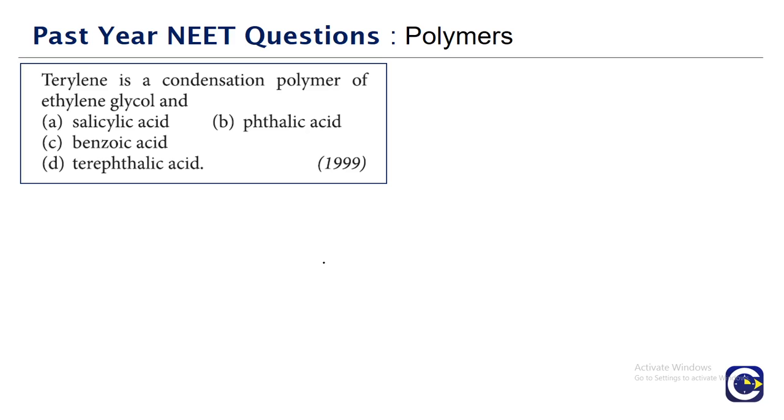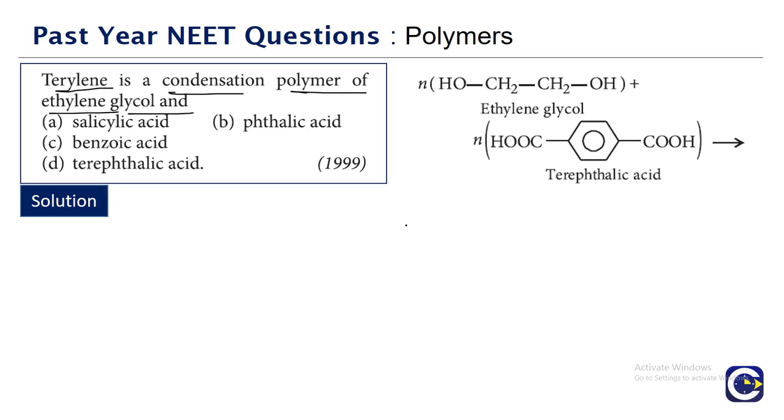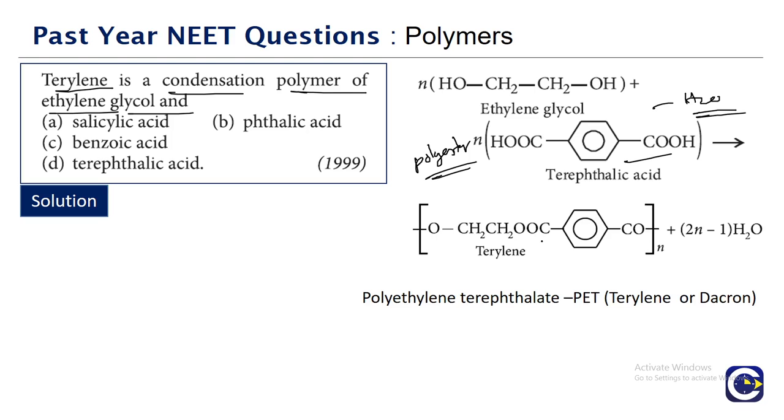Next we have a question that came in 1999. Terylene is a condensation polymer of ethylene glycol, and we have already seen this. What is it? Ethylene glycol and terephthalic acid. They undergo condensation polymerization by the loss of a water molecule, and we will get a polyester. In fact, the previous question that we saw was about the structure, and the structure they gave was an incorrect one. Terylene can also be called Dacron.